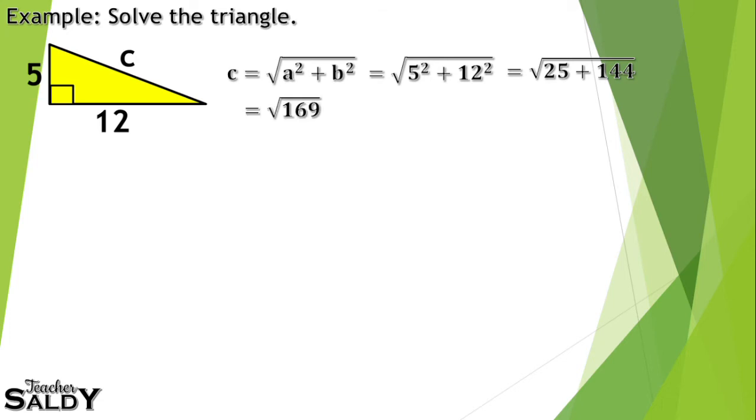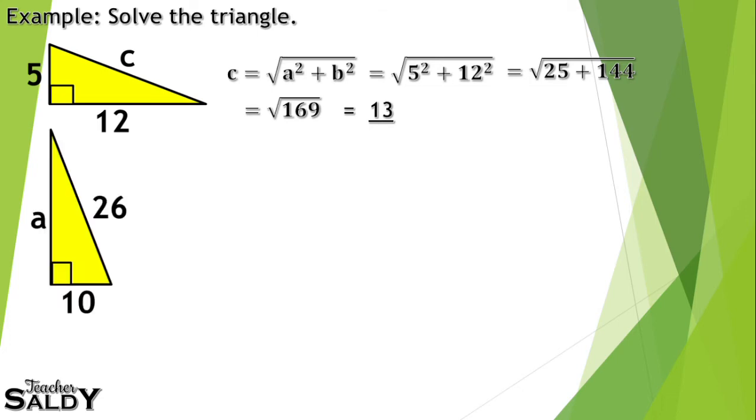Summing it up, we will get square root of 169. Now, square root of 169 has two values, the positive and the negative. Since we are looking for the side, we do not get a negative value. So, we take the positive one. Square root of 169 is 13. That will be our hypotenuse.